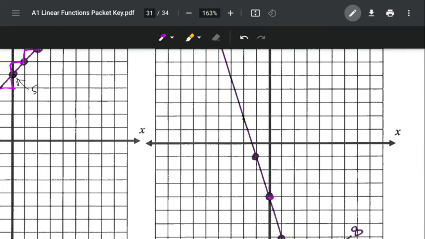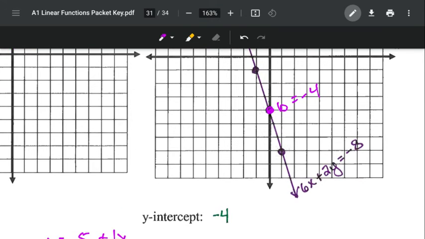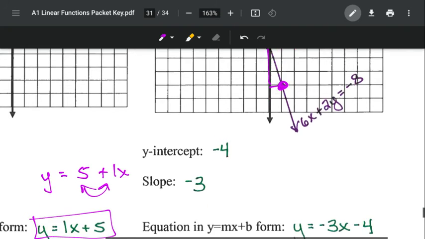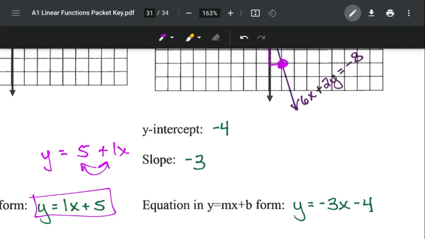So here I started at negative 4, and then I went down 3, right 1. I ran out of room, and I really wanted to have 3 points, so then I did the opposite, up and to the left. And then taking from my problems up top, my y-intercept is negative 4. For slope, you can say negative 3, or you can say negative 3 over 1. That part doesn't matter.